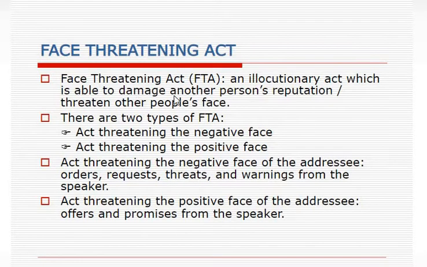So a face-threatening act is an illocutionary act which is able to damage another person's reputation or which can threaten another person's face. Face-threatening acts are divided into two types: acts which are threatening the negative face and acts which are threatening the positive face.